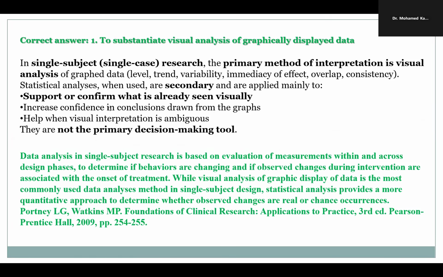So the correct answer is to substantiate visual analysis of graphically displayed data in a single subject or single case.